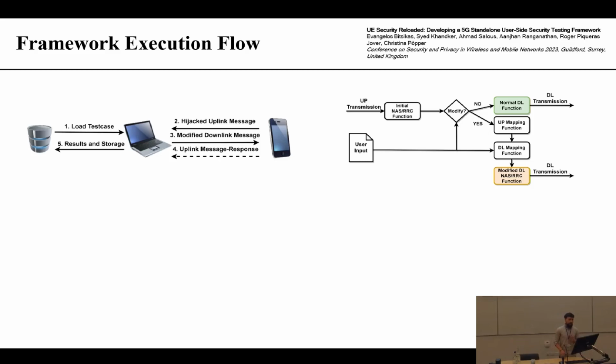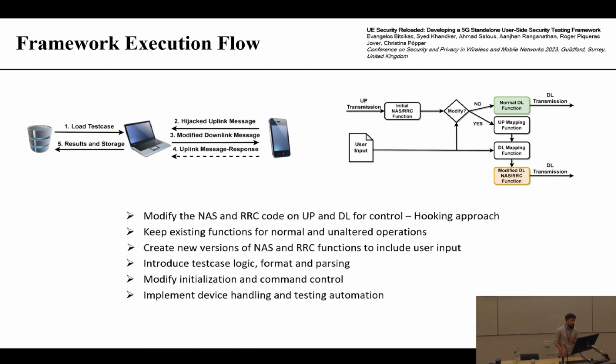In the code, we have the initial user plane transmission. We determine if there is actually a user input, and then we determine if we want to continue with the normal operations. Otherwise, we map the uplink and downlink, and we send a modified response back.